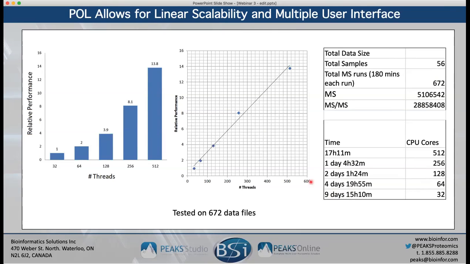That's cut in half with the 64, and in half again with the 128, and in half again with the 256. The 64 to 256 seems to be the range where most people are using Online, and certainly 28 million spectra in a day and a half or 2 days is pretty good.